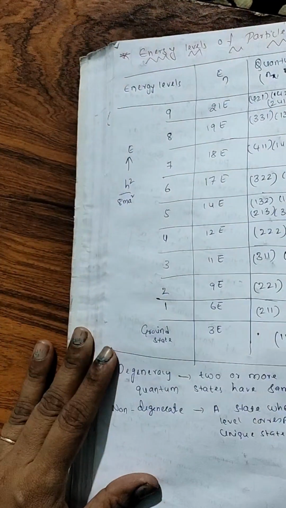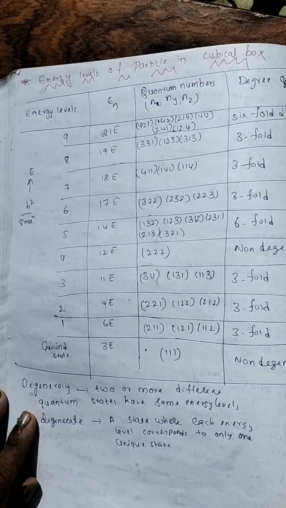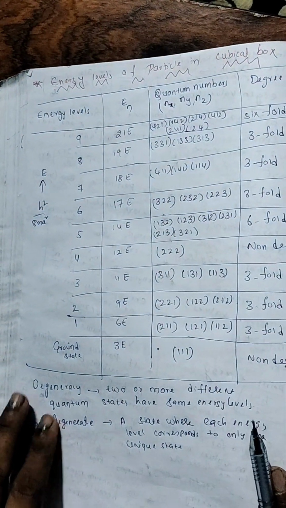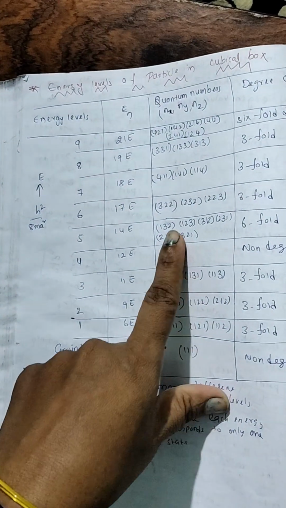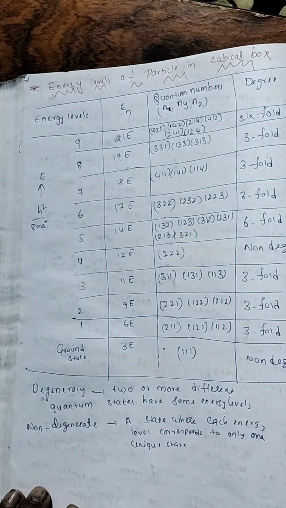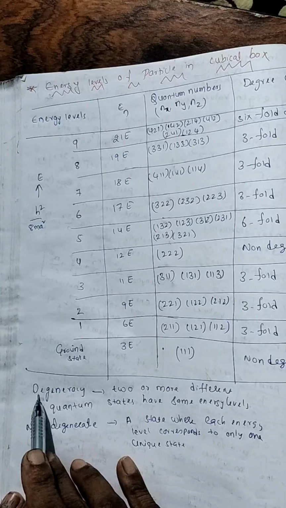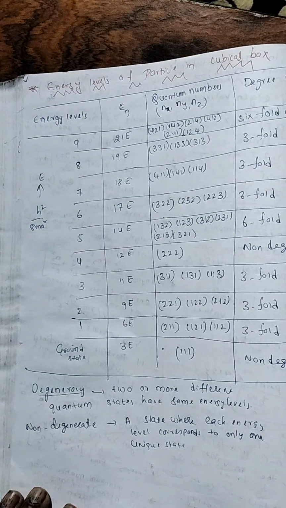Now next, let us go for the energy levels. Energy levels of particles in a cubical box. These are important energy levels actually. So while preparing, pause the video and just write down these energy levels. Before discussing this, let us define what is degeneracy or degenerate energy levels.